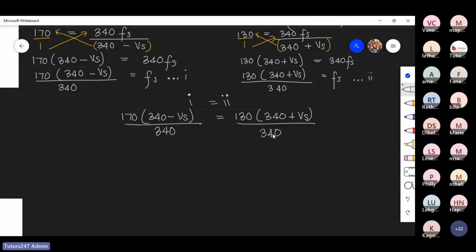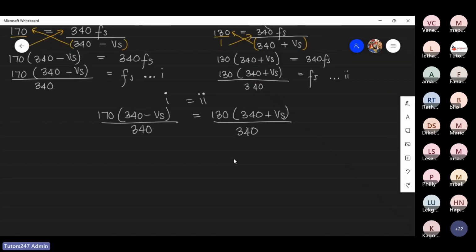All we have done is simplify our equations such that Fs becomes the subject of our formula. Once we had Fs as the subject in both cases, we were able to connect our equations at the point Fs. And as you can see, the variable that we want to calculate, which is Vs, remains within our equation. So our only job now is to simplify both equations and solve for the unknown Vs.